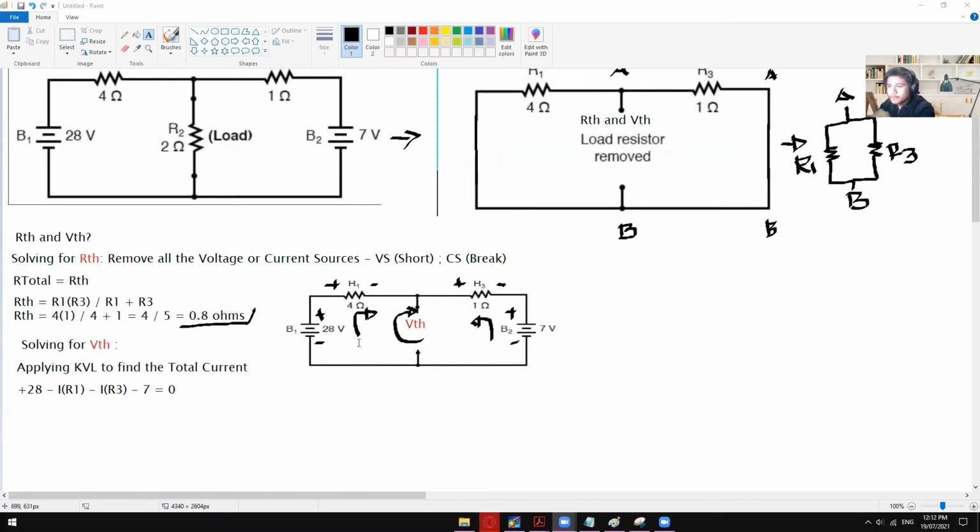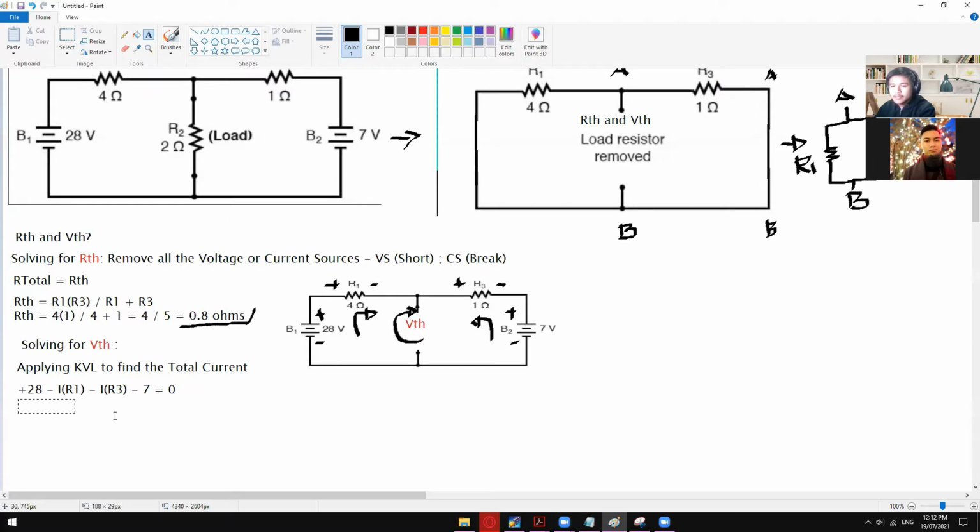So any questions so far up to this point before we continue the solution for the VTH? Questions or clarification? So were you guys able to follow everything? Yes, sir. So far. Okay, very good.